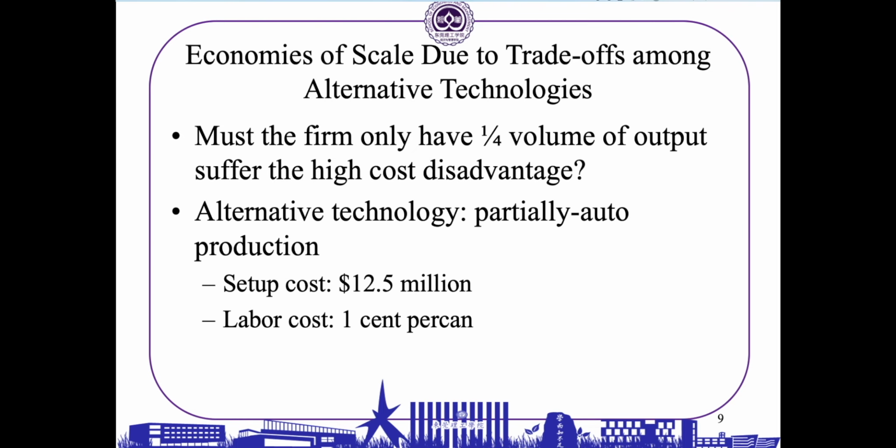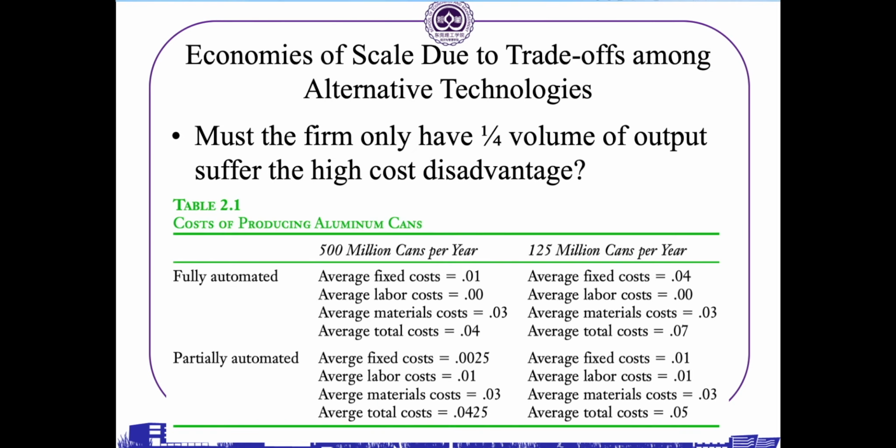The average cost of the two different technologies is summarized in Table 2.1. If the volume of output is large, 500 million cans per year, the average cost of fully automated production is 4 cents per can, which includes the spreading of fixed cost 1 cent and the cost of materials 3 cents.